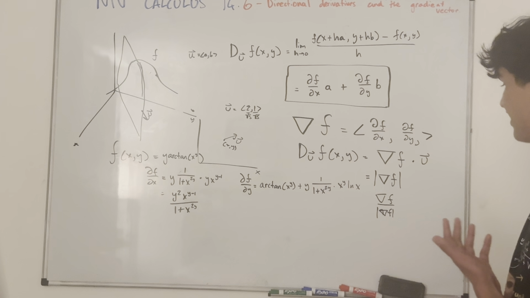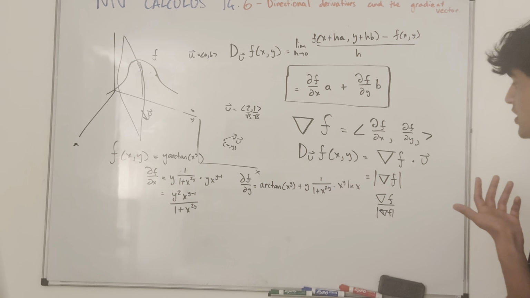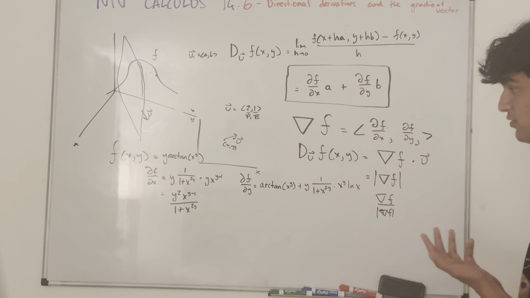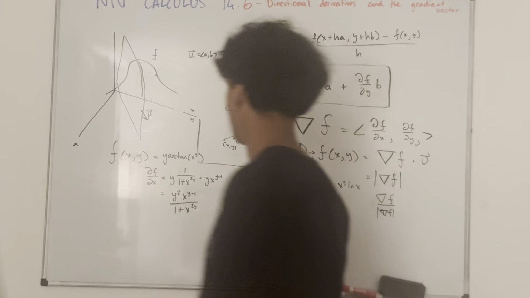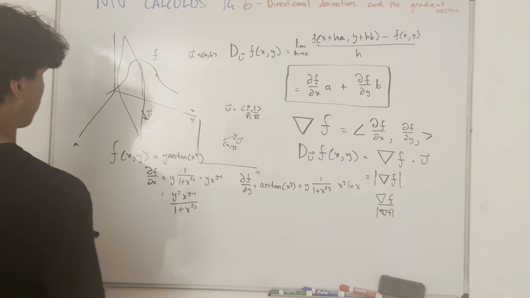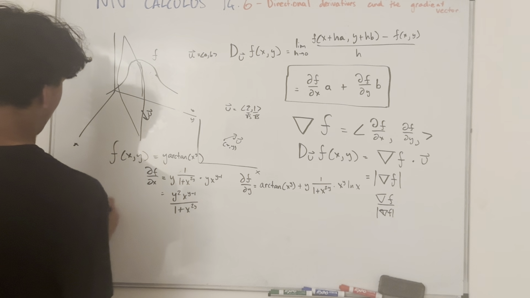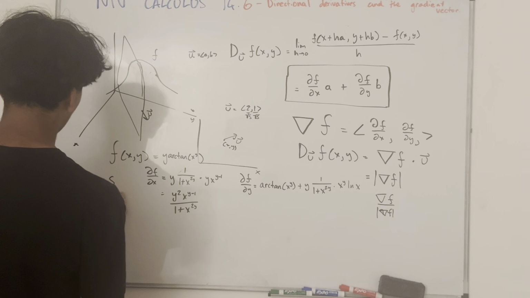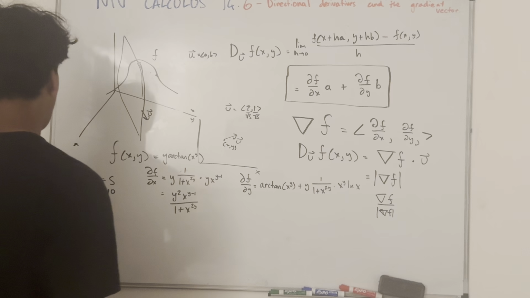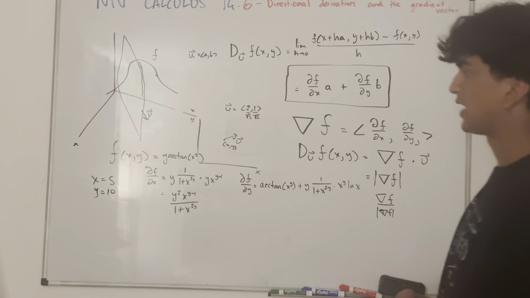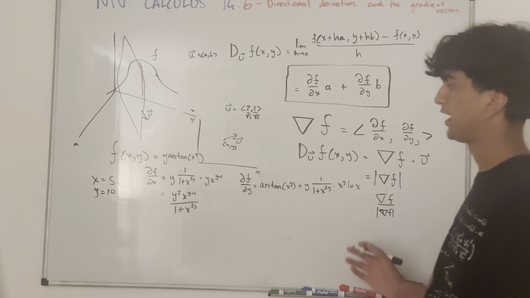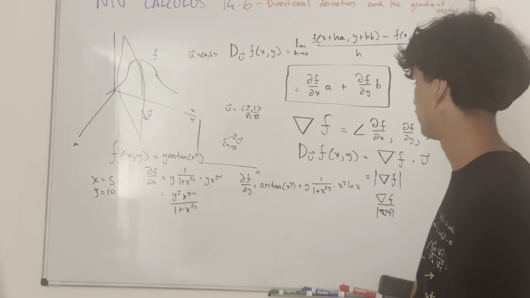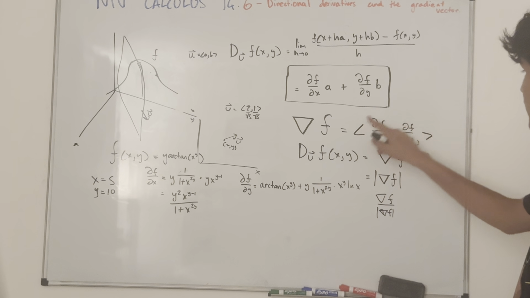This is kind of nasty in all honesty, but I could find the magnitude if I had a calculator. If I said, let's say I want to find the gradient at x equals 5, y equals 10 or whatever, I could use a calculator, and what I would do is plug in just 5 and 10, and that would give me some sort of vector.